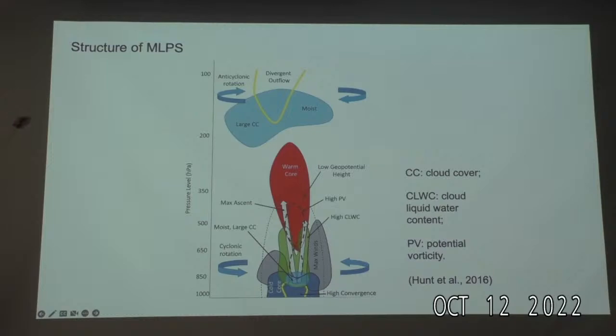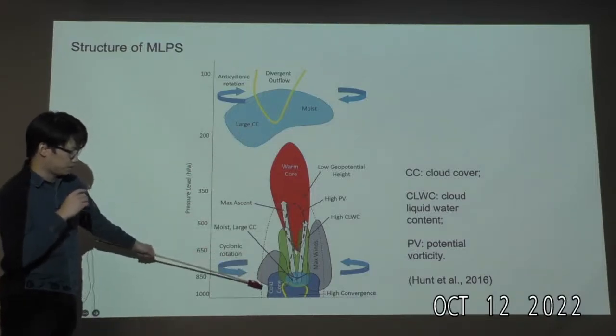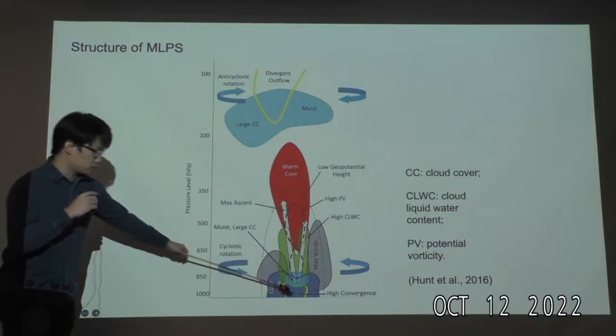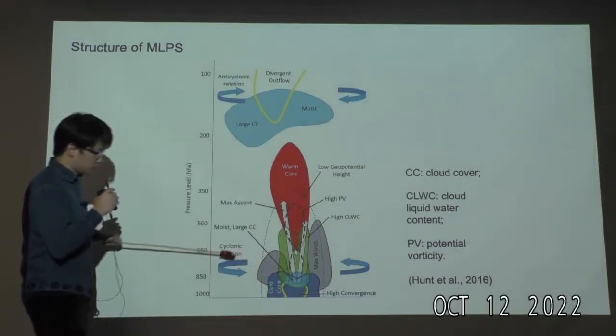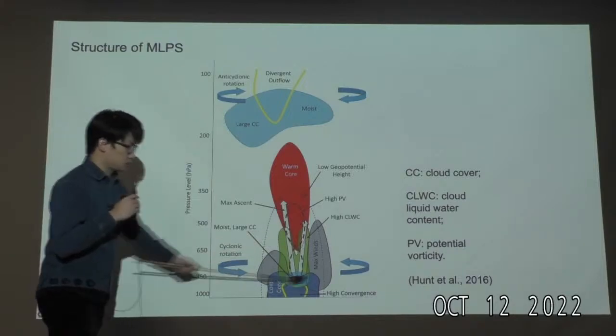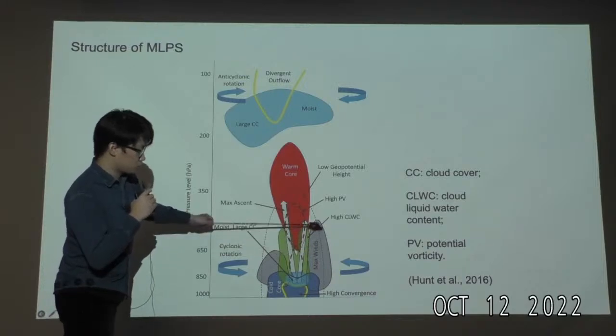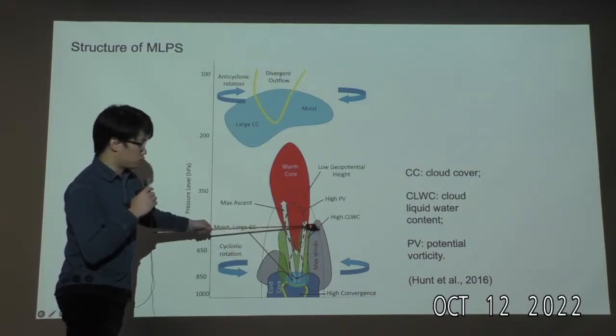This is a schematic plot showing the structure of this system. From bottom to top, you can see there's a cold core near the surface, and it has counterclockwise, which is cyclonic, flow on the lower levels. The maximum wind speed is usually to the east part of the storm.